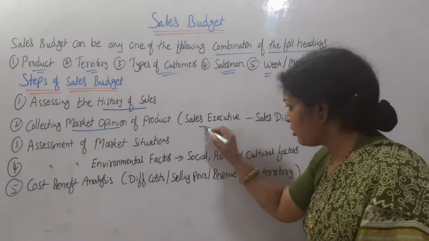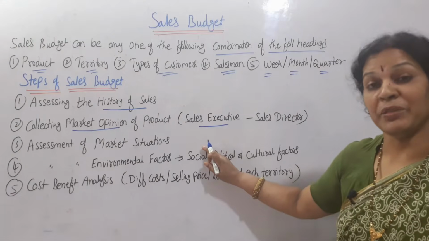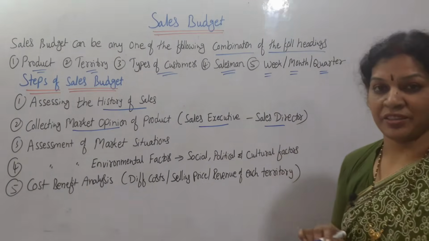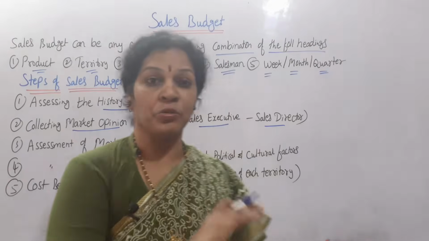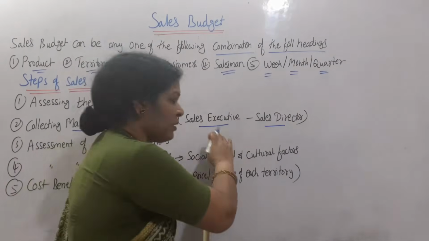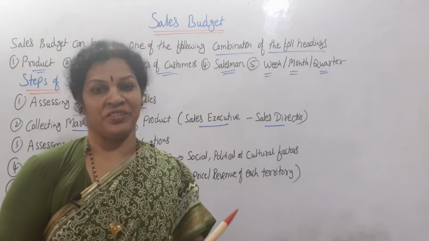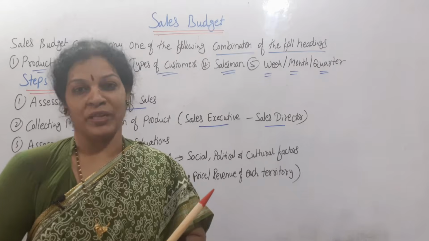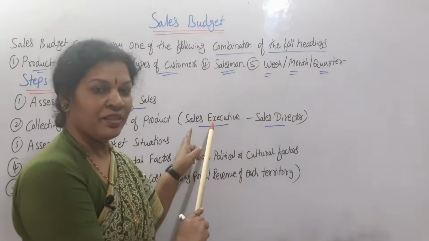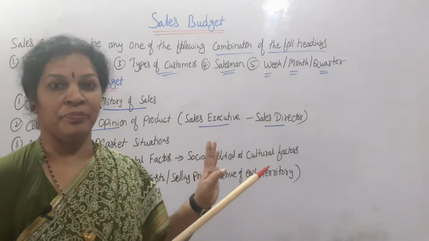Mainly the sales executive will collect the opinion, prepare a report and submit it to the sales director. The sales director will consider that report when he prepares the master budget, the final budget. It will be helpful for him.